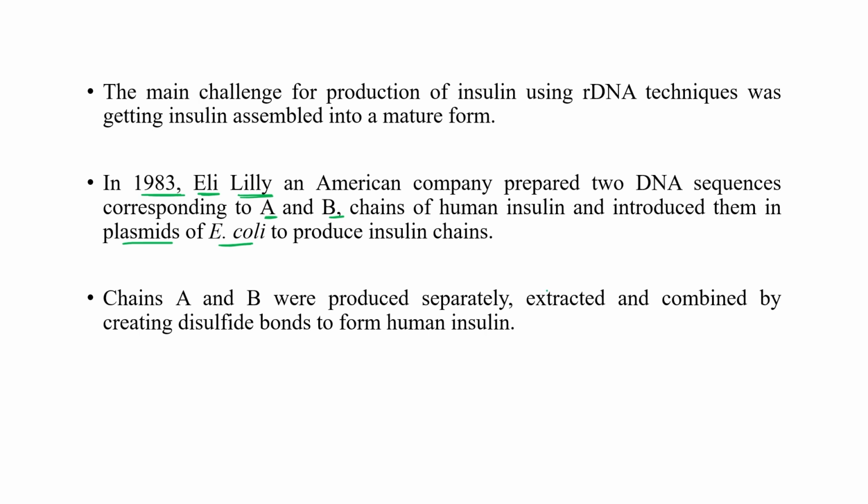As bacteria multiply continuously, the plasmid will also multiply. Basic principle, right? So this is how chain A and chain B were produced separately in different batches of bacteria.